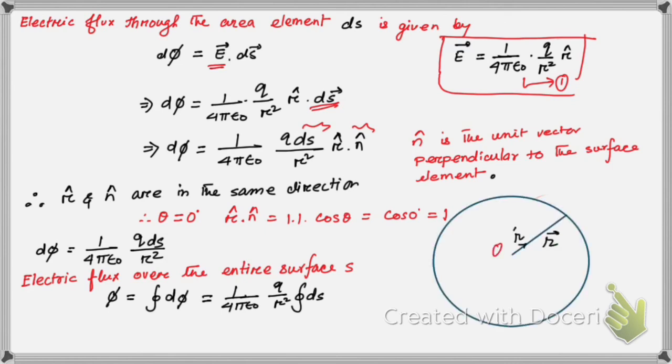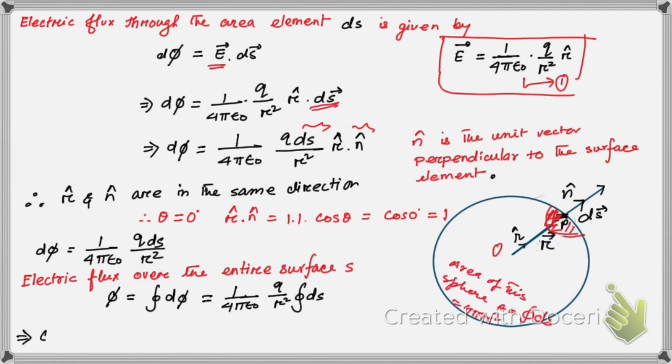Now you see, this is the Gaussian surface, and here is the surface element, and we have taken ds here. This is the n cap, right? So this is the point P here, okay? So the electric flux through the entire surface can be obtained by integrating this small element, right? And the area of this surface is what? 4 pi r square.